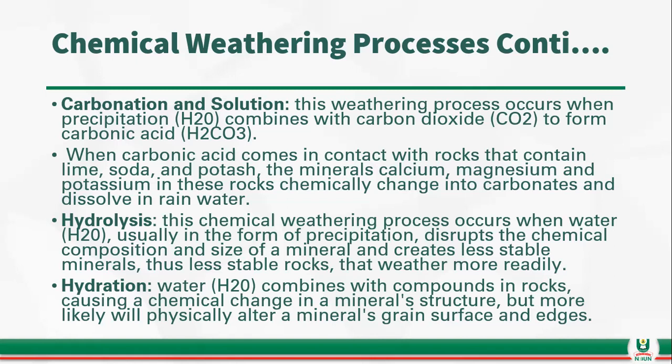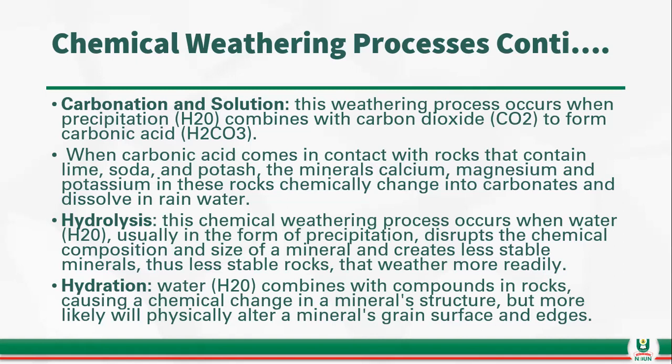So when carbonic acid comes in contact with rocks that contain something like lime or soda or potash, the minerals calcium, magnesium, potassium in this rock will begin to change chemically into carbonates, and over time they will dissolve in this rainwater.